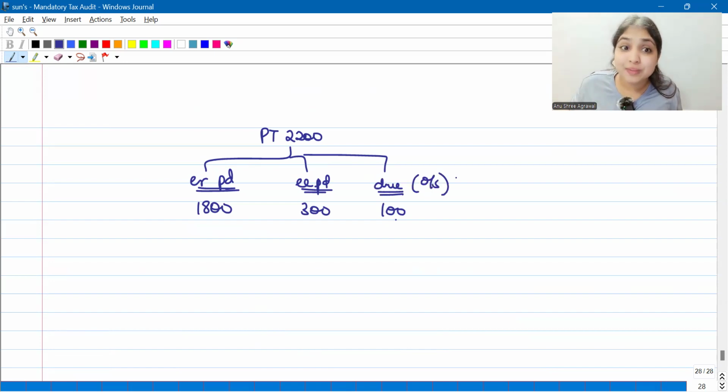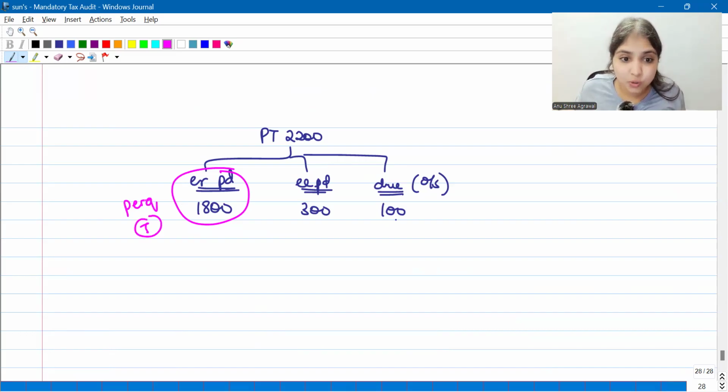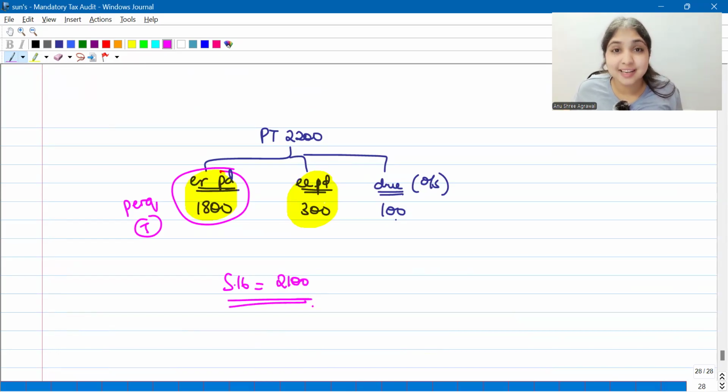Then what will you do? In that case, whatever is paid by the employer becomes a perquisite. This will be taxable, no change. But under section 16, how much deduction will you give? You will not give 2,200. Under section 16, you will give only 2,100. You're understanding?